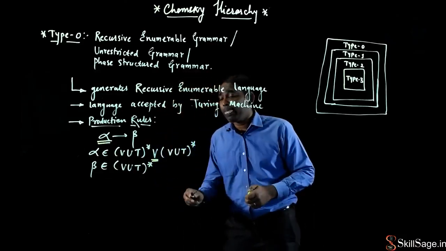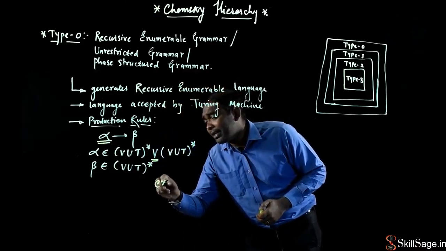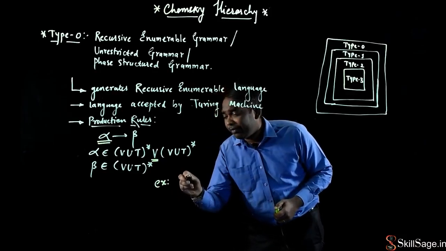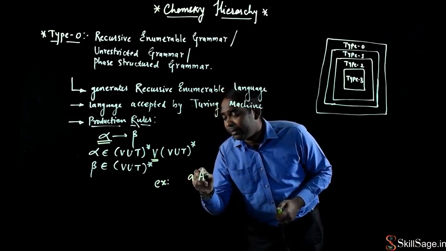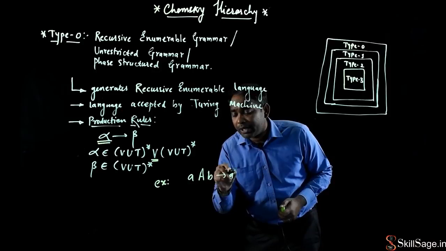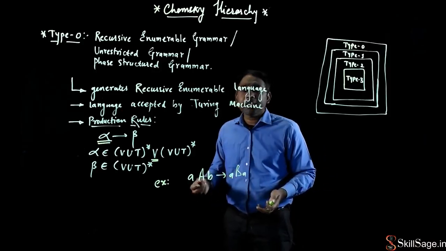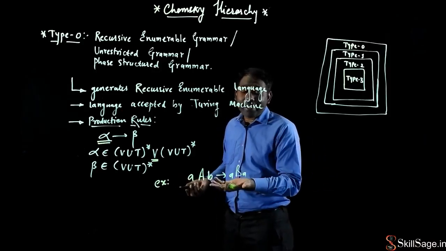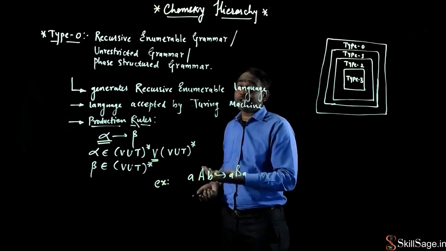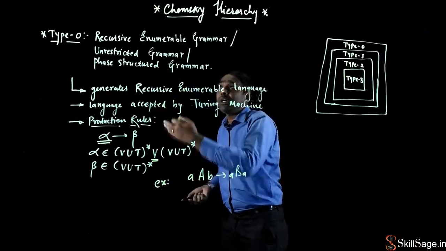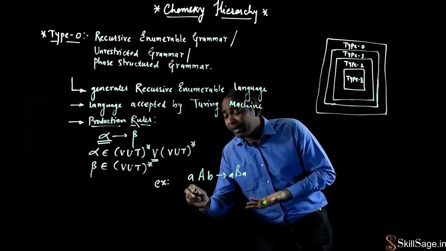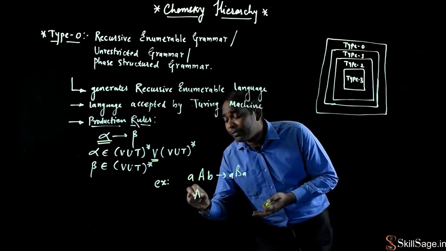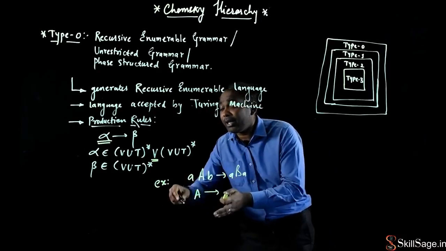For example, AB produces ABA. That is a valid production rule, and it belongs to type 0. I can write down anything, but at least one non-terminal symbol has to be present on the left hand side.